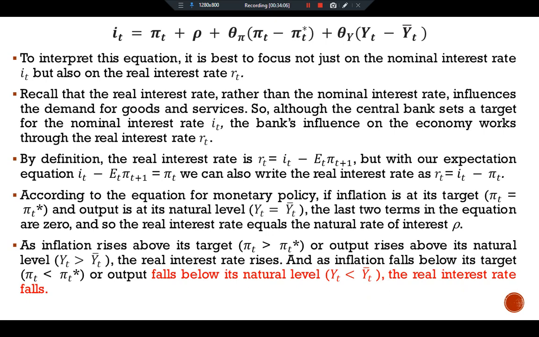Here we turn that logic on its head. The central bank is assumed to set a target for the nominal interest rate. It then adjusts the money supply to whatever level is necessary to ensure that the equilibrium interest rate hits the target.